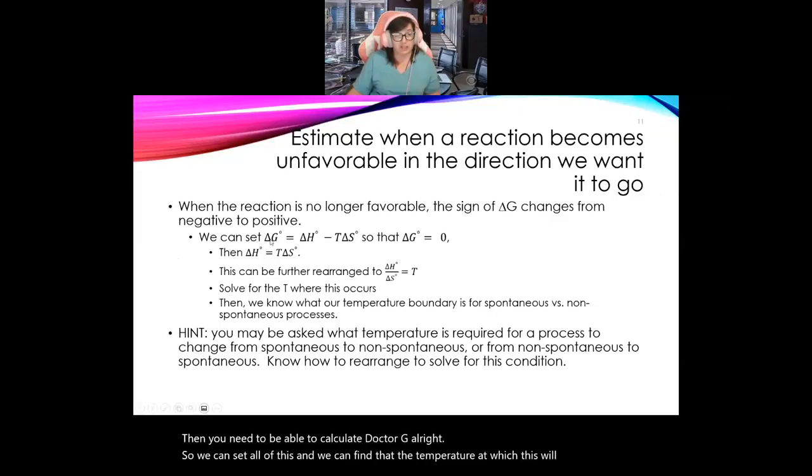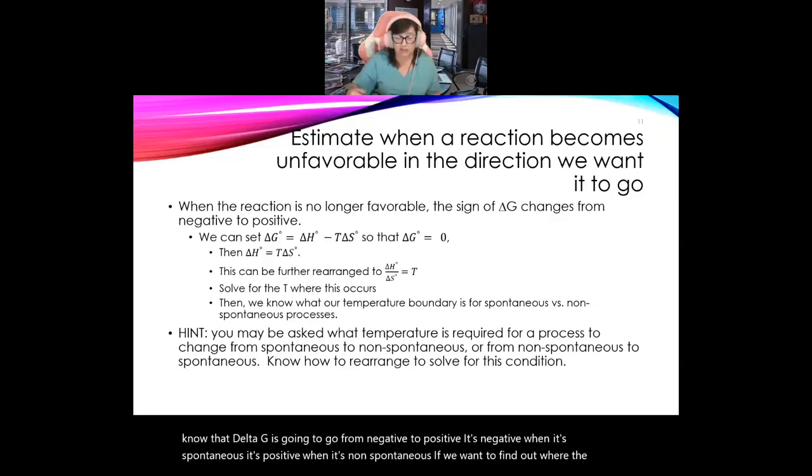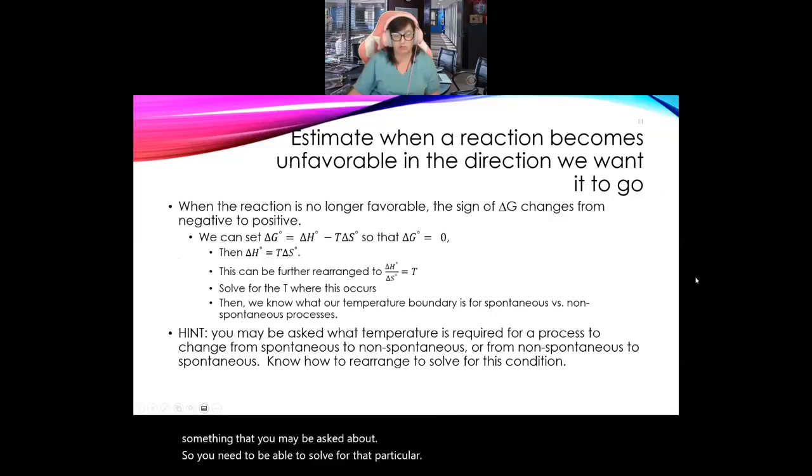We know that delta G is going to go from negative to positive. It's negative when it's spontaneous, it's positive when it's non-spontaneous. If we want to find out where that temperature is, where that changes, then we can do that, and we can solve for that. That is something that you may be asked about. So you need to be able to solve for that particular temperature.